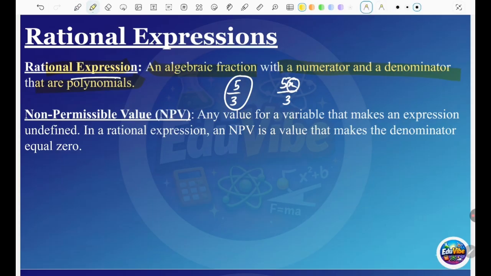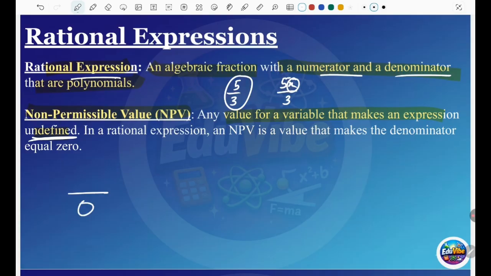There is a thing involved when we have variables in the rationals, which are the non-permissible values, the NPVs. Any value for the variable that makes an expression undefined, like dividing by 0, is a non-permissible value.